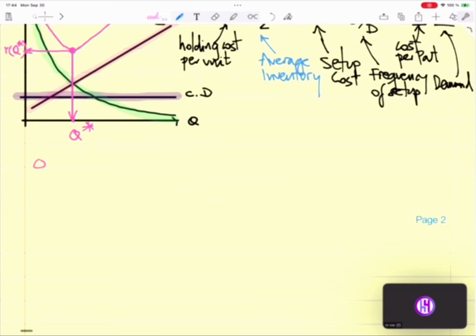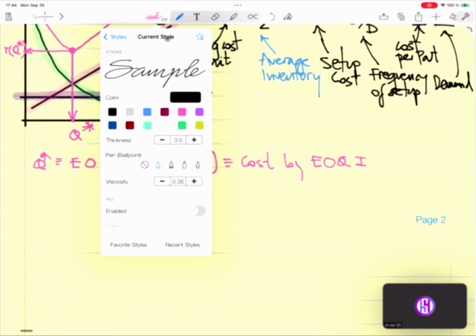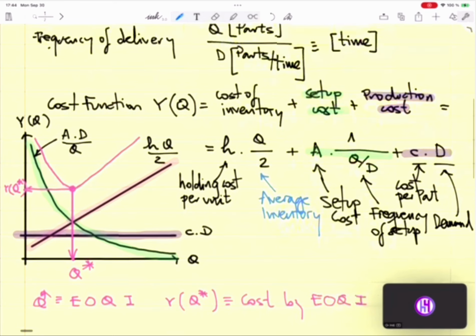So Q star is the economic order quantity, and Y of Q star is our cost at the economic order quantity. Any questions? Do not hesitate to ask, okay?